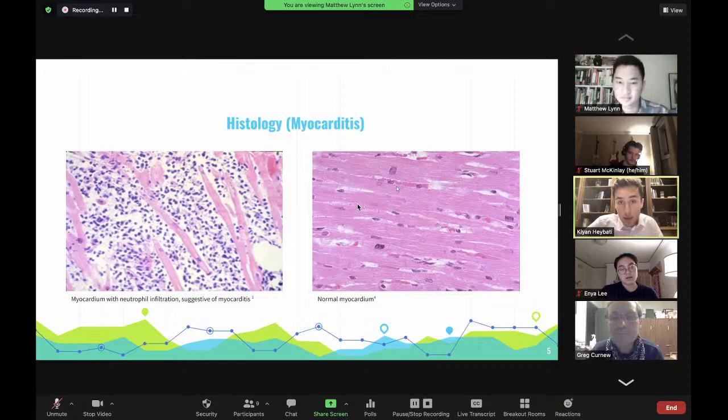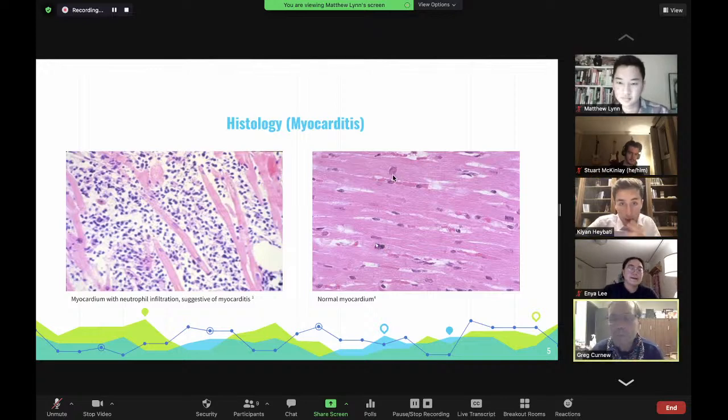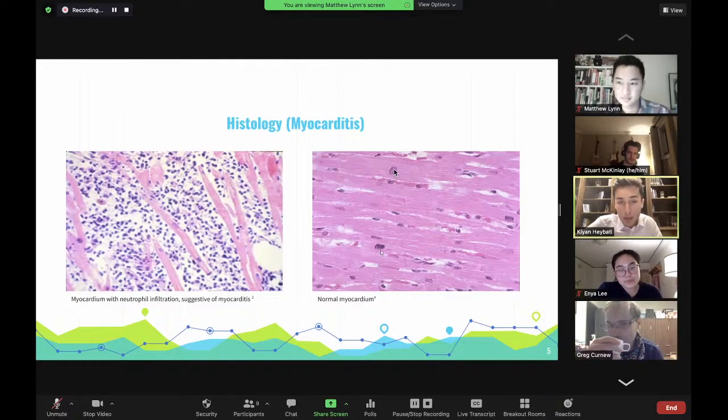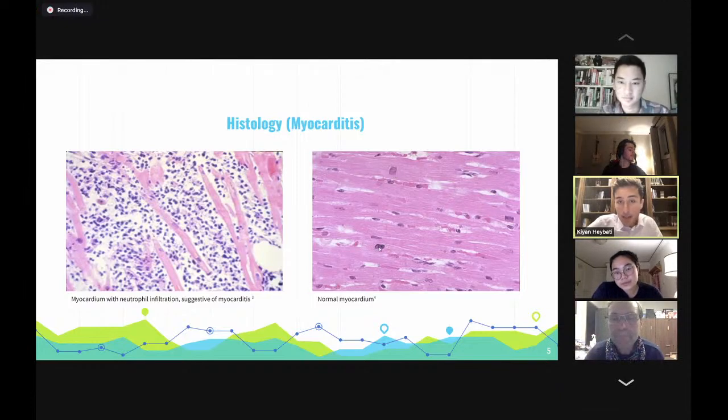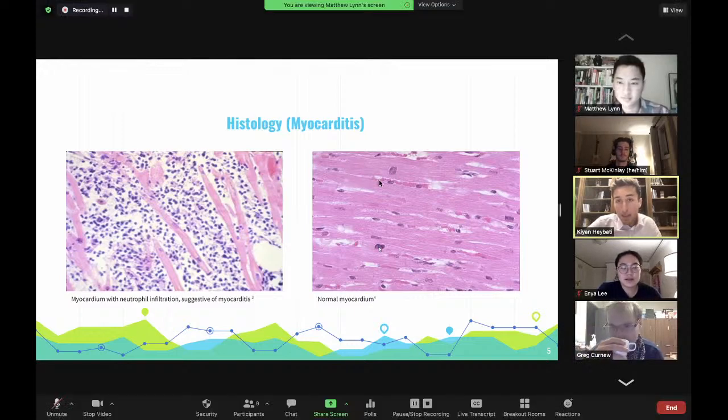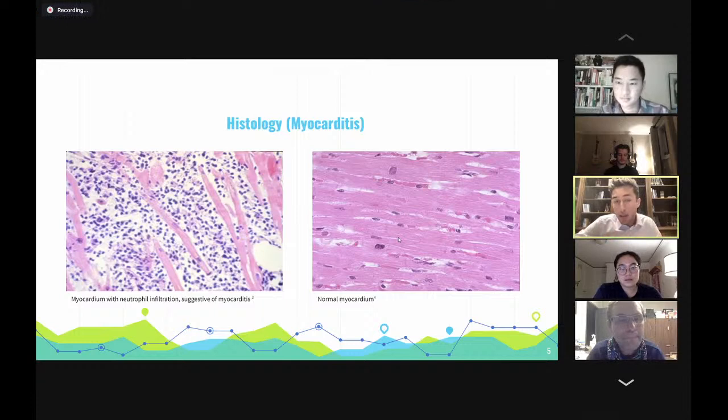The little circular things that look more purplish are the nuclei of these fibers. You might also see some vertical lines. Those are called the intercalated discs, and they help the muscles of the heart contract all together instead of each cell contracting separately. We want to make sure that your heart is pumping all together rather than each part at a different time.